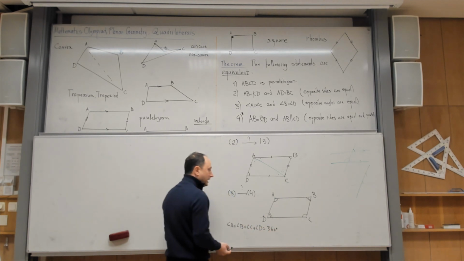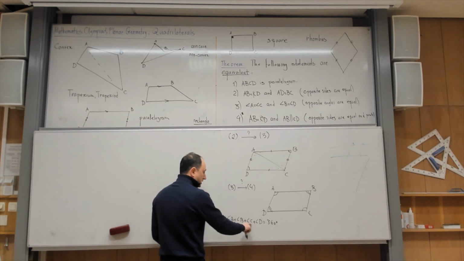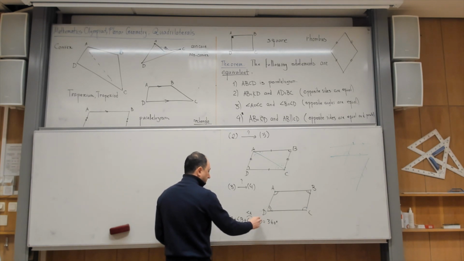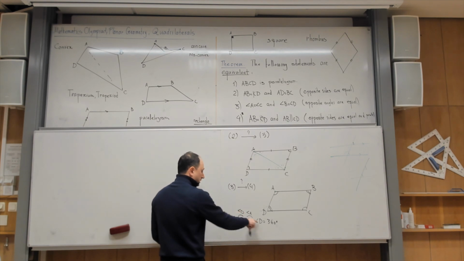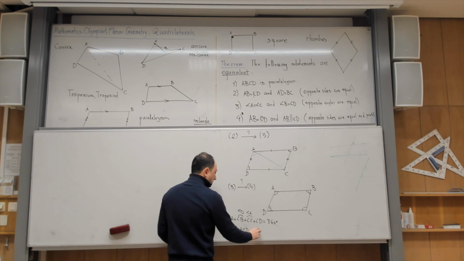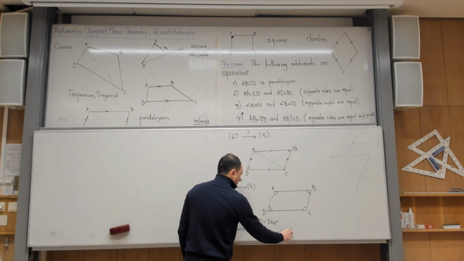But now you are telling me that A and C are the same. So instead of C, I write A. And A plus A is 2A. And then you are telling me that B is equal to D. So instead of B, I write D. And D plus D is 2D. And this is 360 degrees. And then you divide by 2, so the angle A plus angle D is 180 degrees.